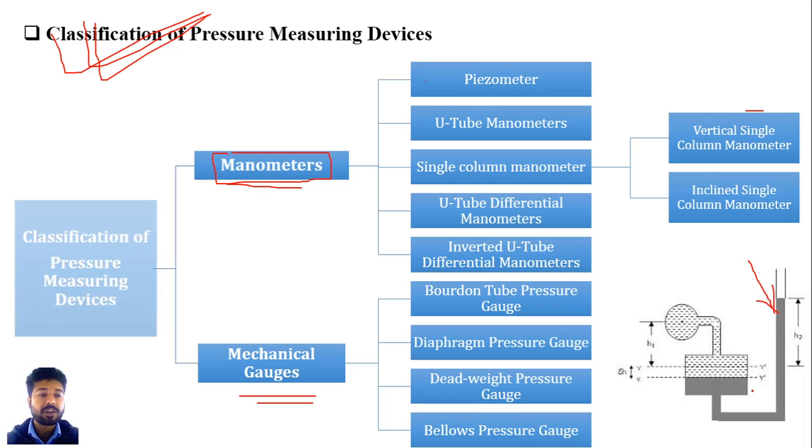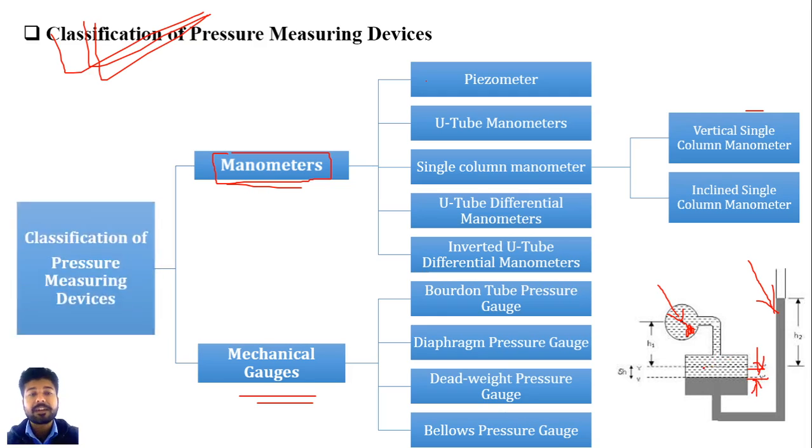We have one reservoir, which is filled with the pressurized fluid whose pressure we are going to find, and the second is the heavier fluid compared to this flowing fluid. This one is your heavier fluid, meaning mercury.